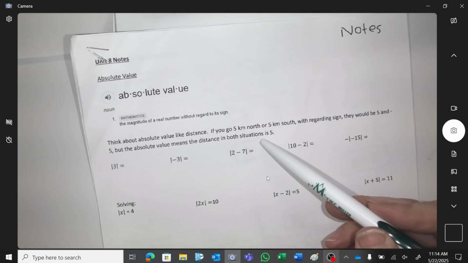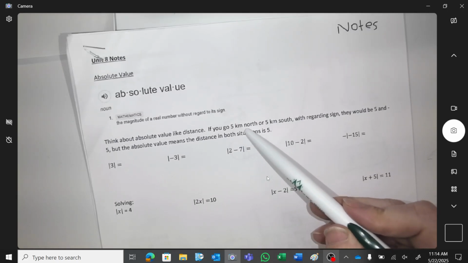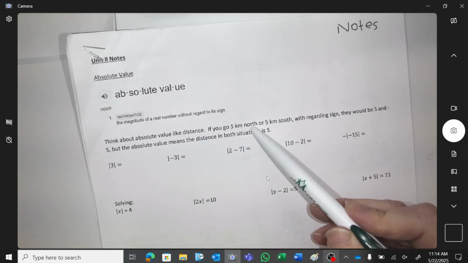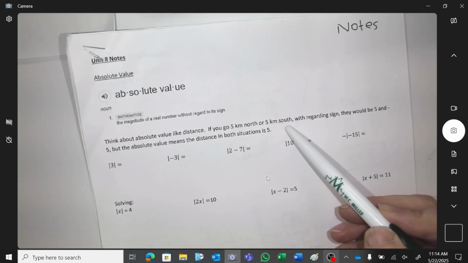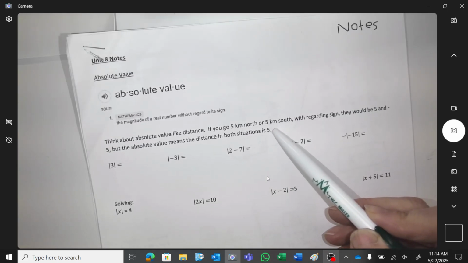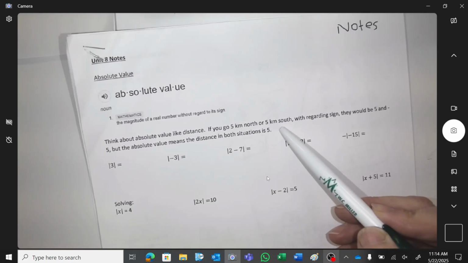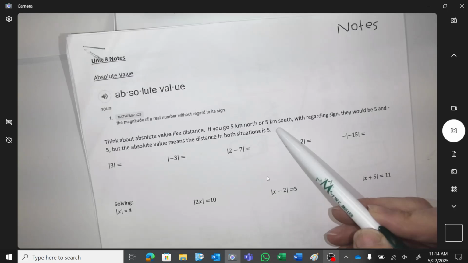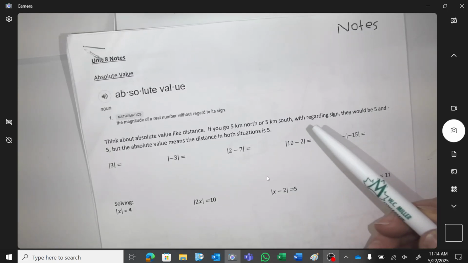In physics, you would write 5 kilometers north with a direction of north or plus, and 5 kilometers south. In physics, you would include that direction and say it's like a -5, okay? But with absolute value, we're going to disregard the direction and just say the absolute value of it is 5. Because it's like a distance, you can't take a negative distance.